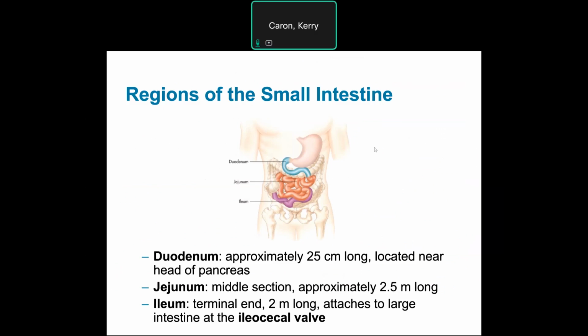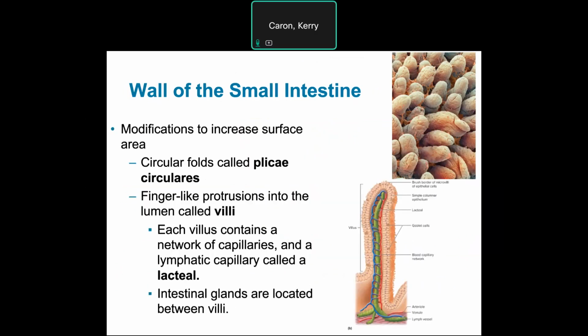Okay, so the walls of the small intestine. We have lots of curvatures and some villi. The villi are very, very important, and you can see that in the top picture here. They're like finger-like projections. So we have circular folds in the small intestine and villi.